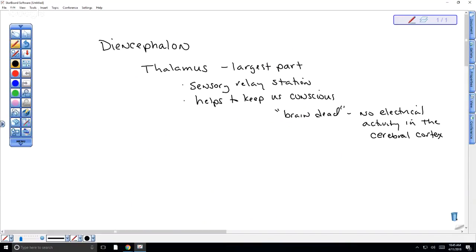They can do what is called an EEG, not an ECG, but an EEG, which is an electroencephalogram. An EEG is a measure of the electrical activity in the cerebral cortex.